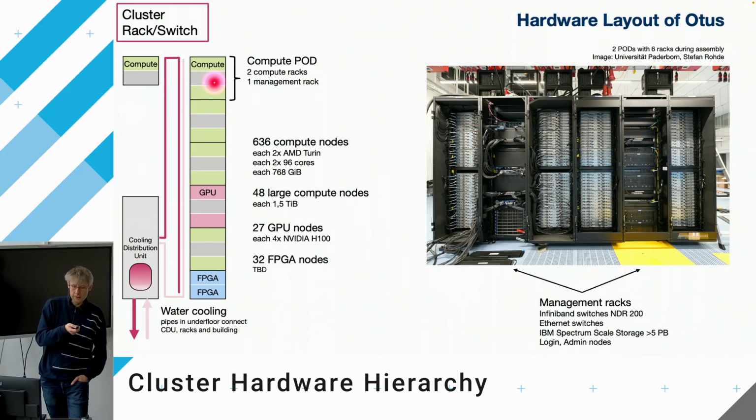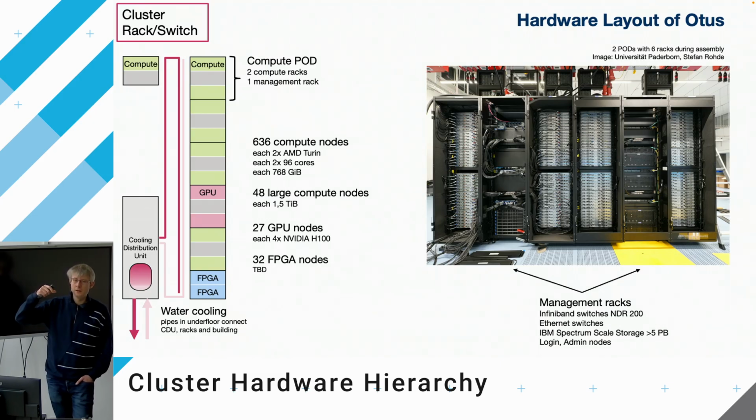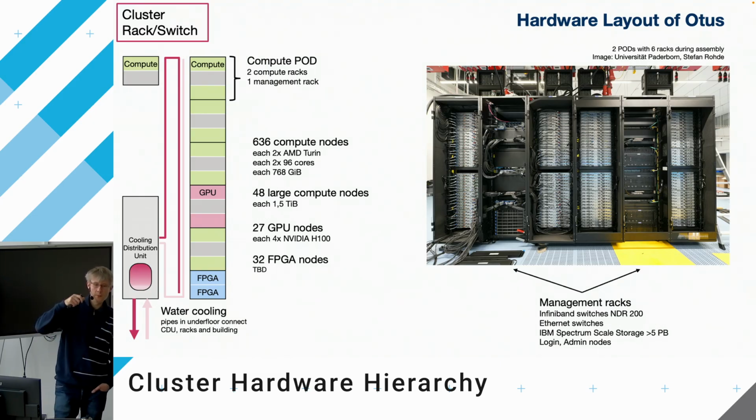Most of these racks are filled with compute units that have CPU-only compute hardware, but we also have racks where there are GPUs inside, and we also have some racks where we can add PCI Express acceleration cards inside, and these will be used for FPGAs. So another type of accelerator cards.